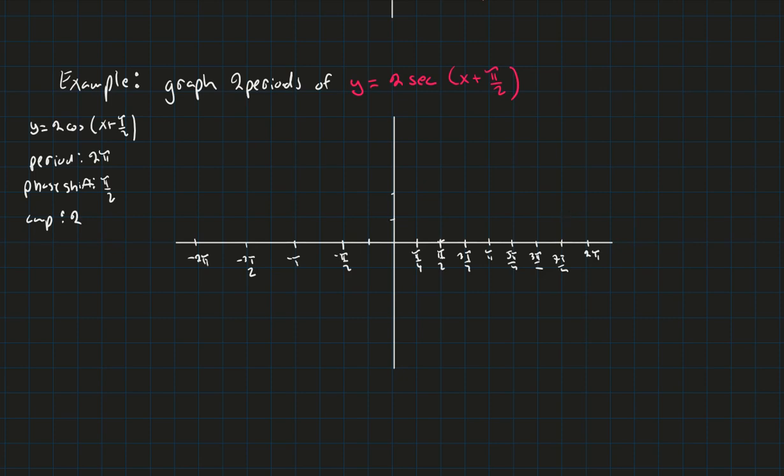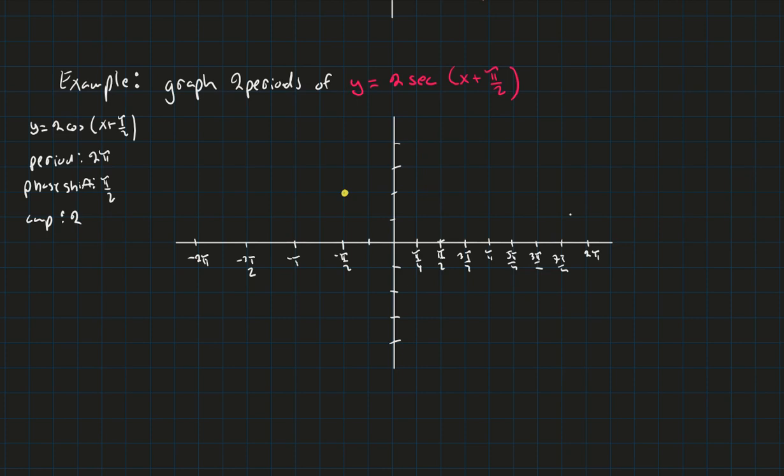Okay, here we go. 1, 2, 3, 4, 1, 2, 3, 4. All right, so we're graphing sine. So let's do sine, and it is being shifted over by pi over 2. So that means my amplitude is 2. Starting point is right over here. All right, then comes 0.